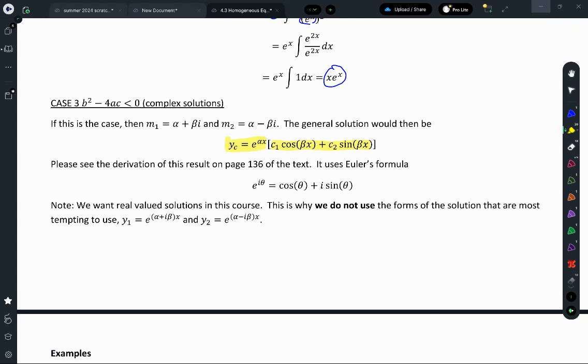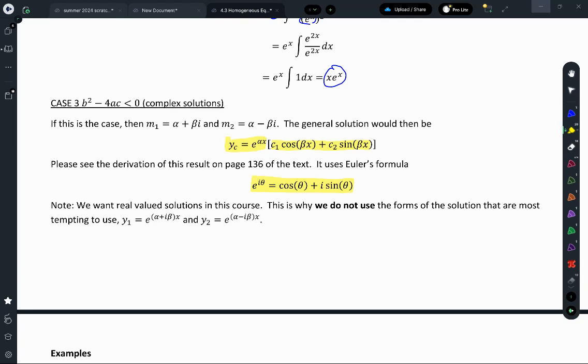There is a derivation of this in the textbook in this section. It's using Euler's formula. The e to the i theta is equal to cosine of theta plus i sine of theta. If you're interested in how our solution becomes a linear combination of sines and cosines, definitely read through that.